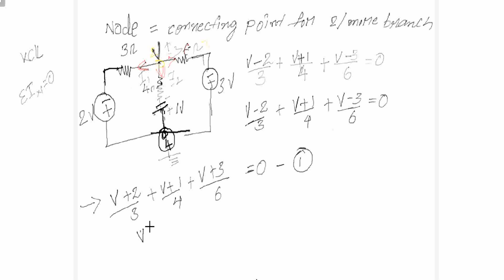It is possible to find: V of 1 by 3 plus 1 by 4 plus 1 by 6, plus 2 by 3 plus 1 by 4 plus 3 by 6, which is equal to 0. By solving this equation, you will get your V value. By knowing this V value, is it possible to find I1, I2, I3? Yes, it is possible to find.